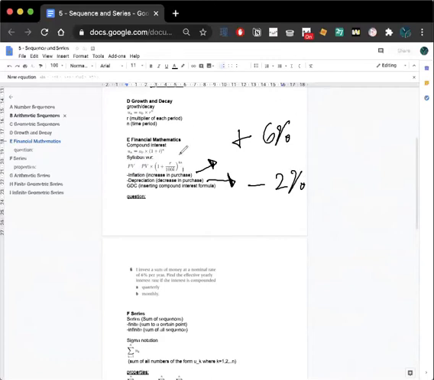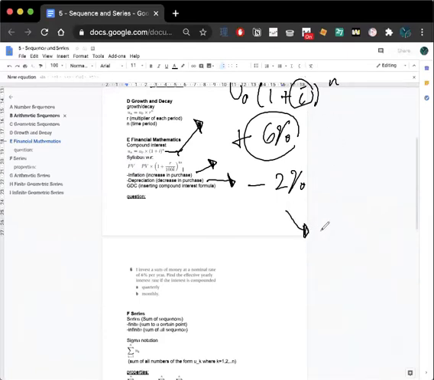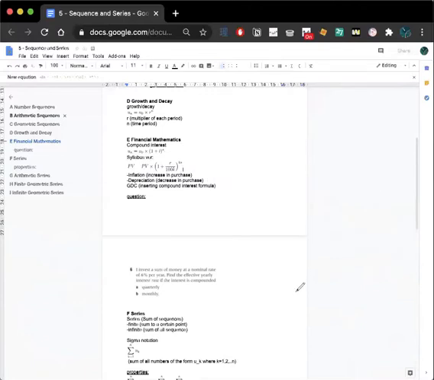So for example, if we have this formula, or this formula to make things easier, for inflation obviously the interest becomes positive, but then for depreciation, the interest becomes negative. You can kind of logic that out, I suppose.